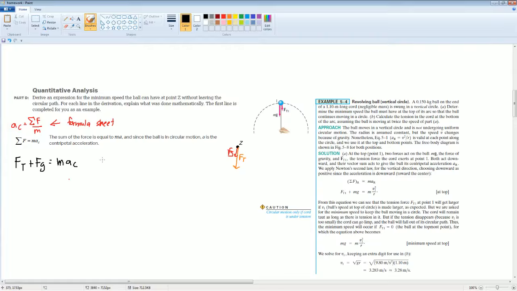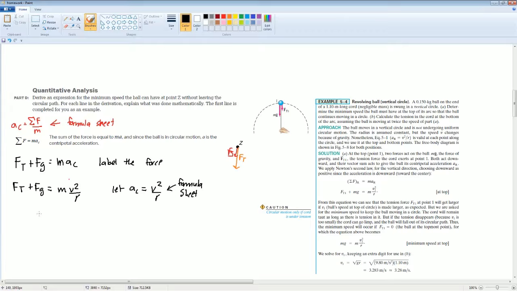What I wrote here is you just label the forces. Now we could also make a substitution here. FT plus Fg is equal to m v squared over r. Here I let ac be equal to v squared over r. You're allowed to make that substitution because it comes from the formula sheet.